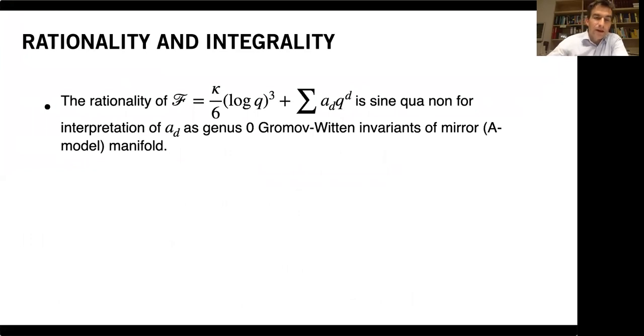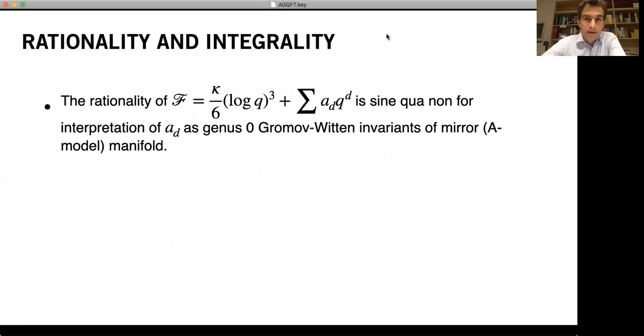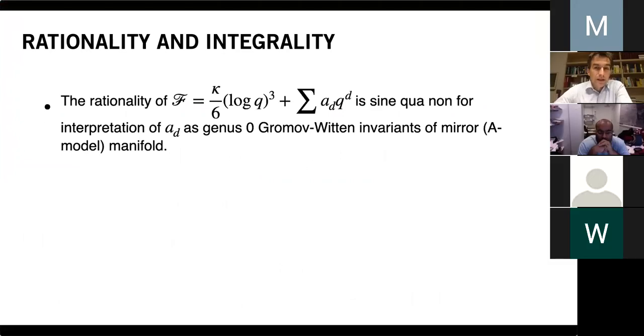So now I'm trying to make the point about why this is relevant or important for mirror symmetry. There is the rationality: if you start with a complex family and you know that it actually comes from some family defined over Q, then you find that these coefficients are rational.